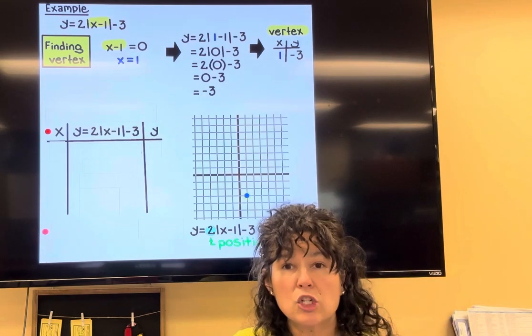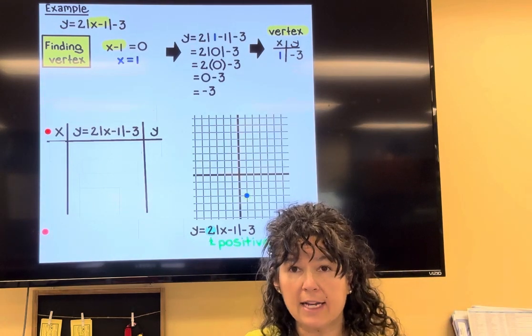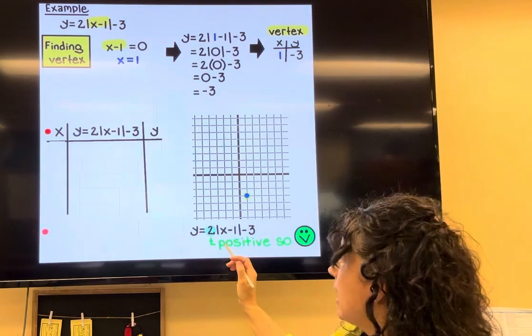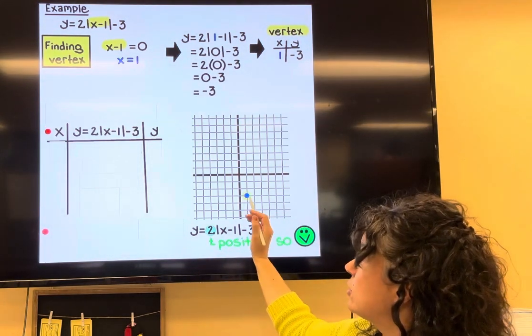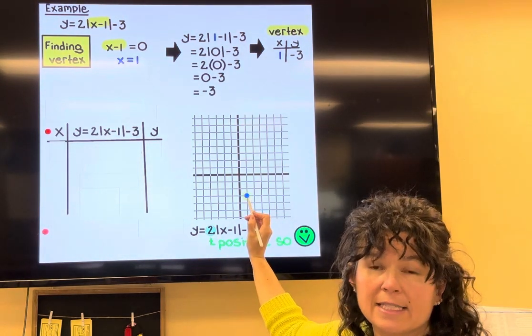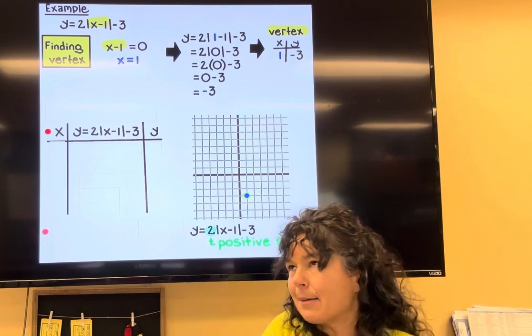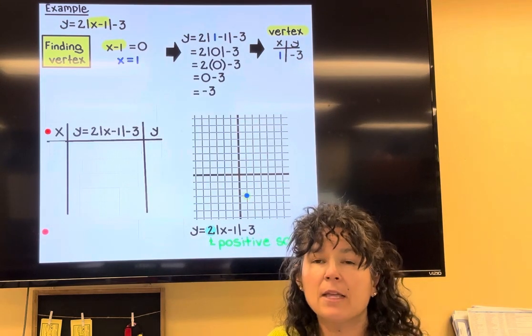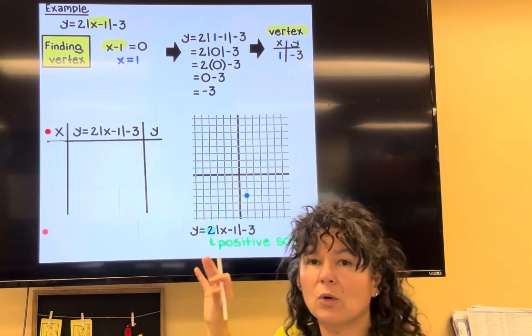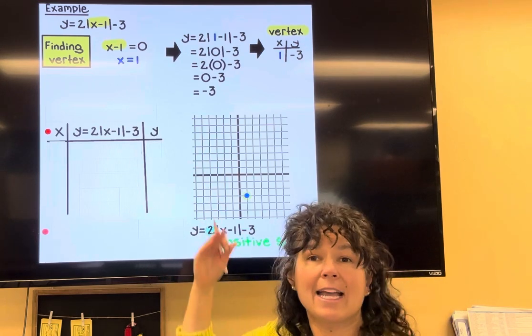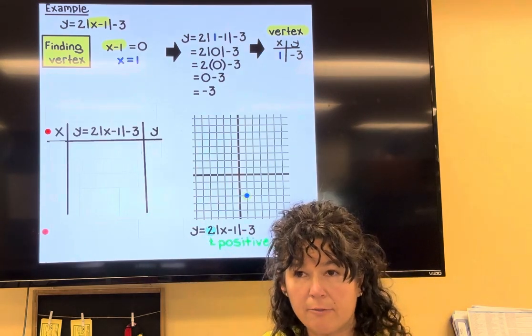I need to substitute one more number in for x to find a point, and the number that I substitute should be close to the vertex, not because I can't substitute any number, it's just that my graph paper is only so big, and I don't want an answer that's going to take me off my piece of graph paper.